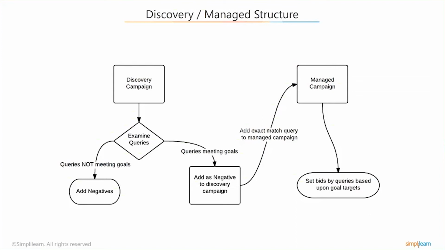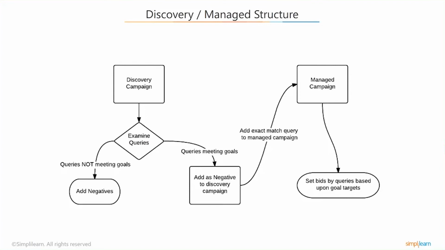You make it a negative exact match in the first campaign. You add it to the second campaign as an exact match keyword, because your second campaign, that managed campaign or beta campaign, is going to be where your real conversions come from. And so this is a really common workflow in the alpha, beta, or managed discovery workflow.